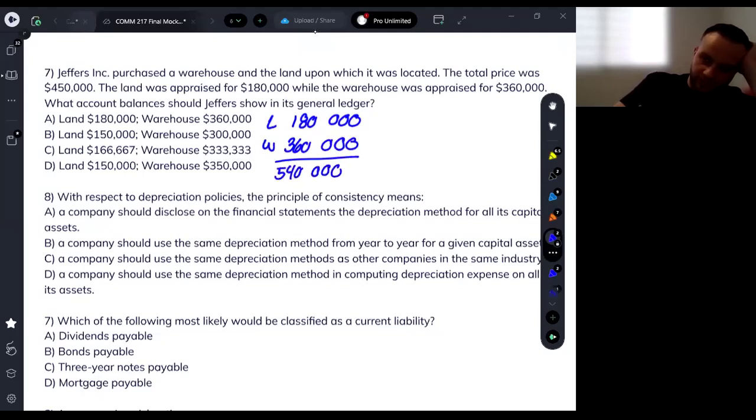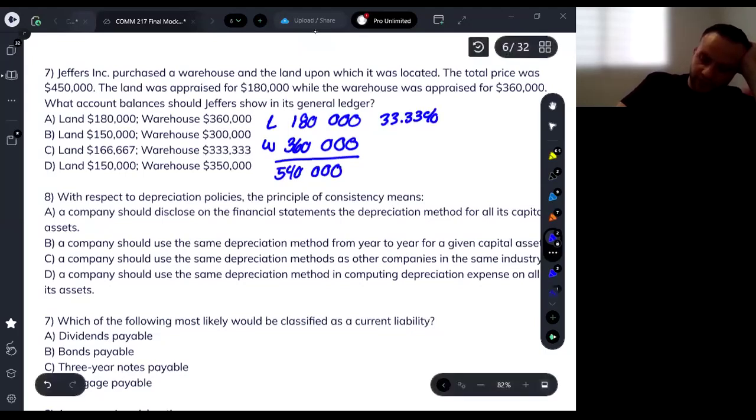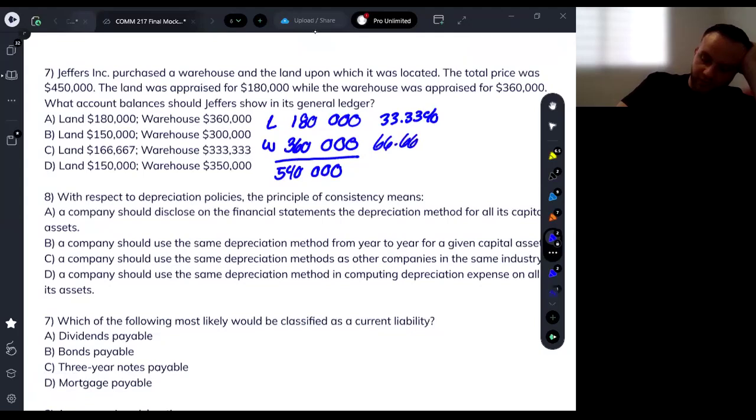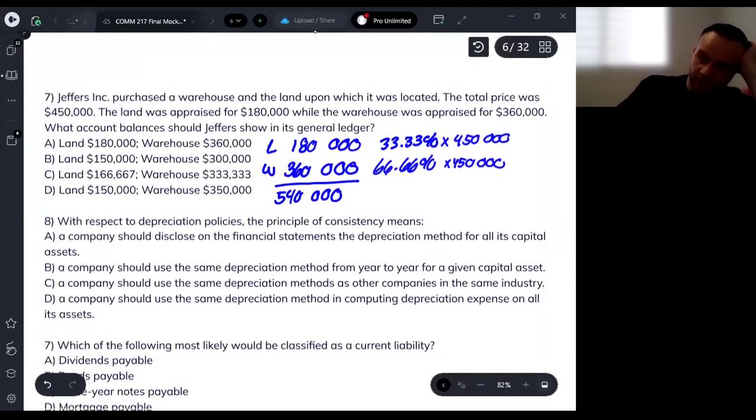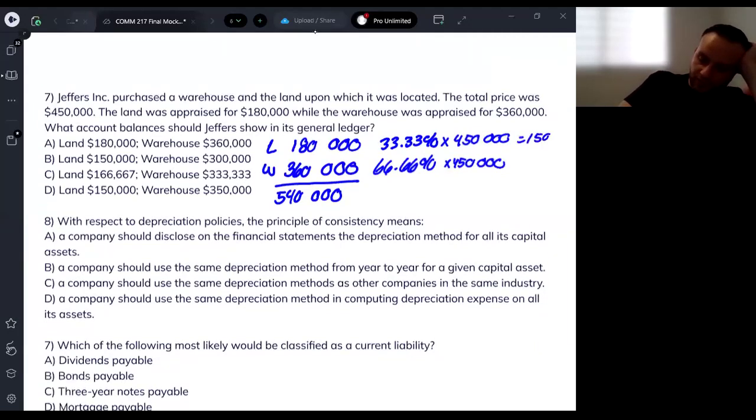Together, this is $540. This is 33.33%. This is 66.66% times the 450. Here we get 150, and here we get 300.